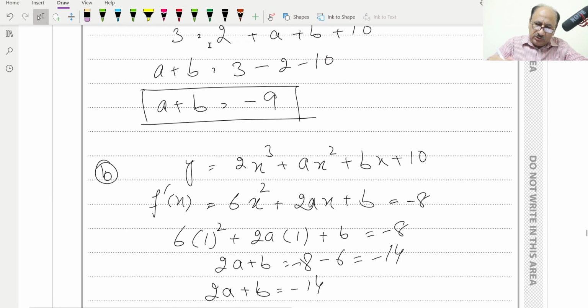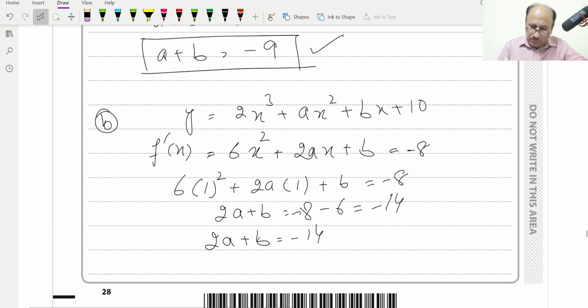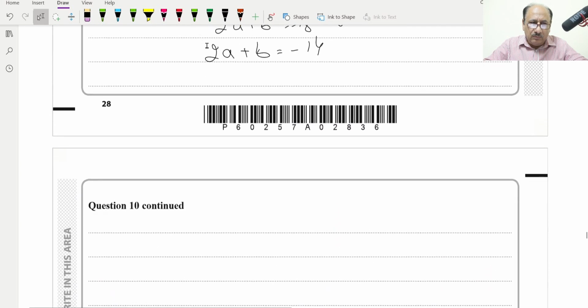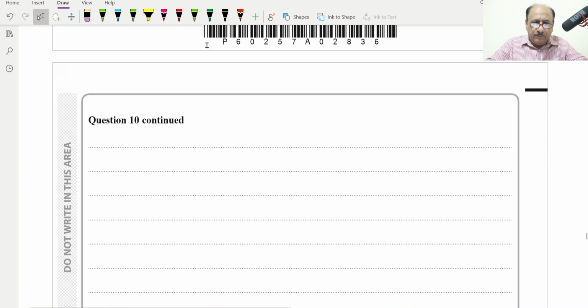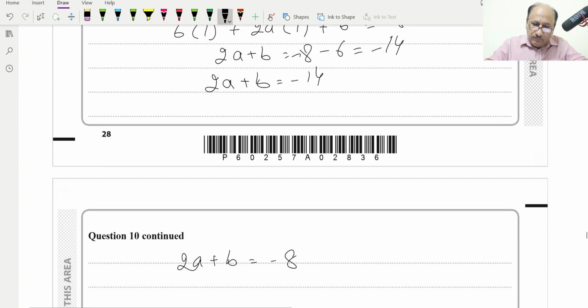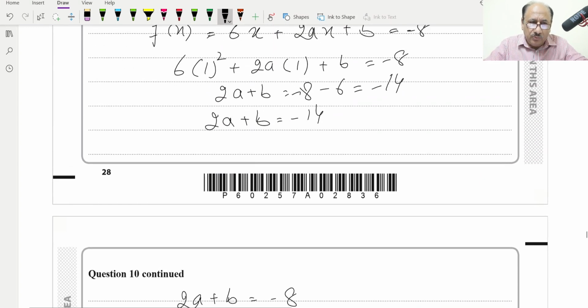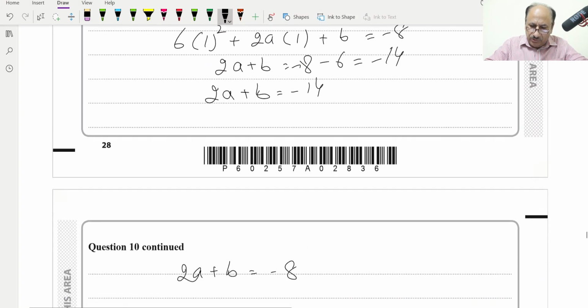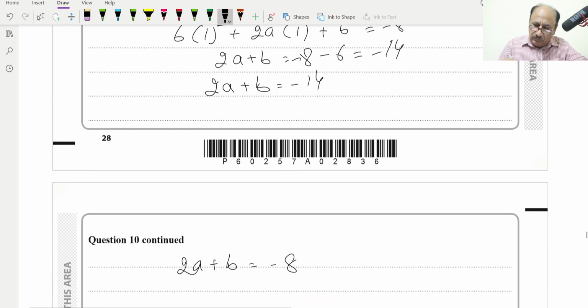Now these two equations we can solve simultaneously. I will write on the next page: 2a plus b is equal to minus 14, sorry, I wrote minus 8 by mistake, so this will be minus 14.